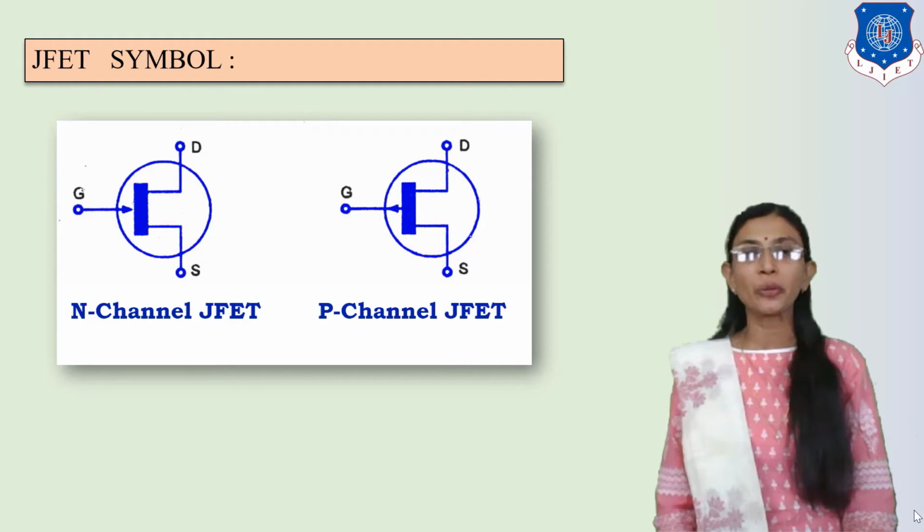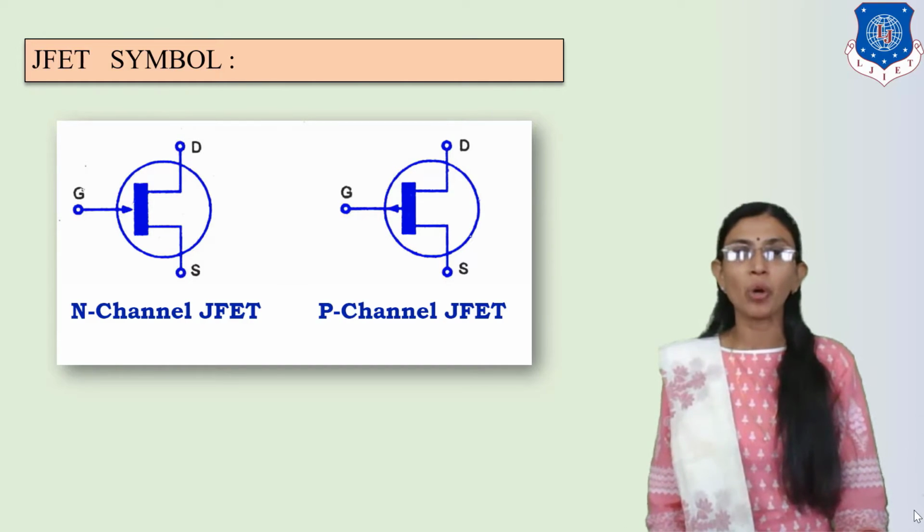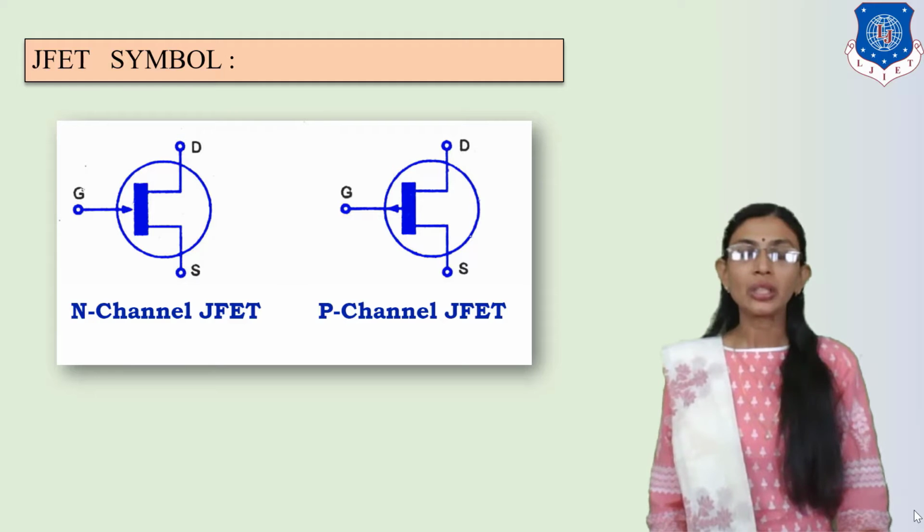Always the arrow should be drawn on the gate terminal. If the arrow is inside, then it is known as N-channel JFET, and if the arrow is outside, then it is known as P-channel JFET. So according to the types and symbols, we will have the construction, working and direction of the currents.